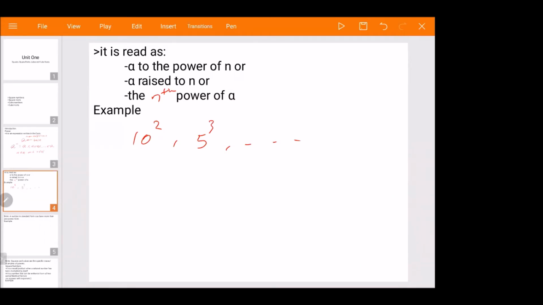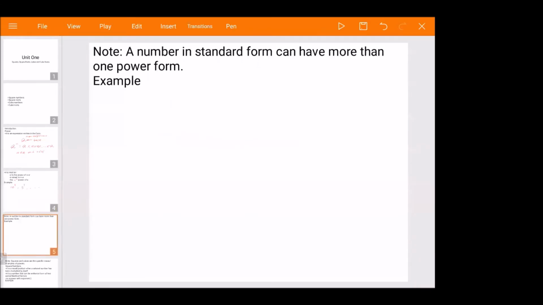So you can read in all 3 ways. The next point: when we consider a number in standard form, some numbers have only a single power form, some have more than 1 power form. So let us see this concept with examples.